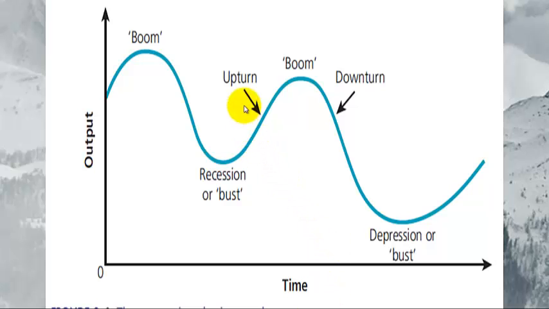When economic activity increases, we have an upturn leading to a boom. So in this time, there's lots of money in the economy, people are spending lots, unemployment is low, and inflationary pressures tend to be higher. When we talk about a downturn, like we're experiencing in Australia at the moment, there's less economic activity, there's more unemployment and lower inflation.